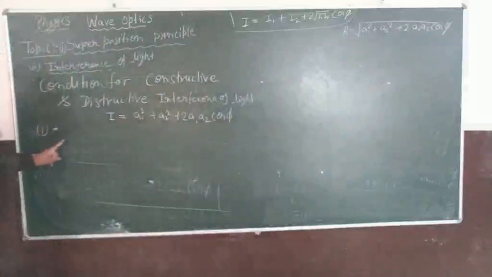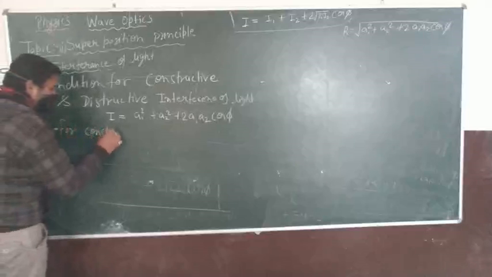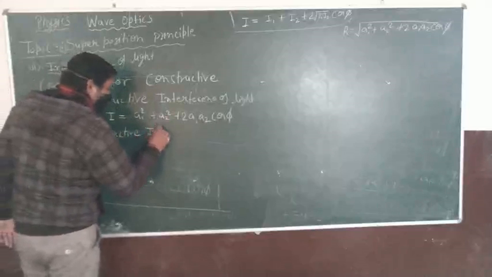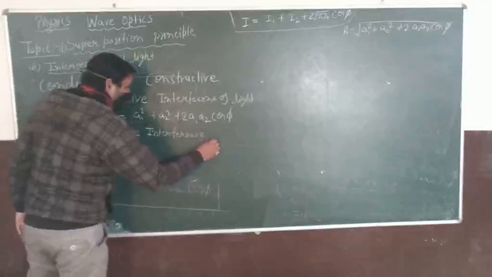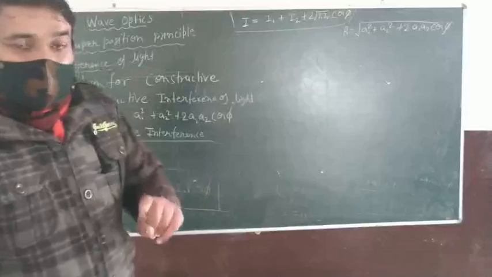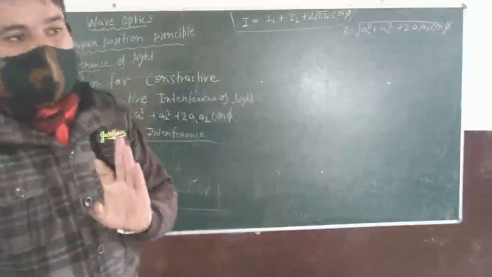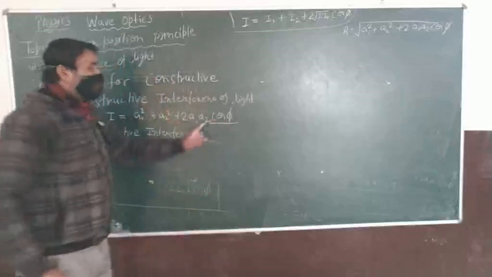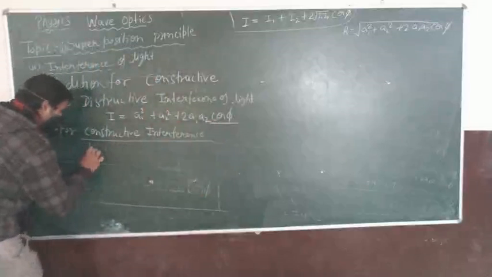First case, for constructive superposition. The constructive superposition or interference we get when the crest and crest superimpose on each other, and this condition is satisfied when the value of cos phi is maximum.